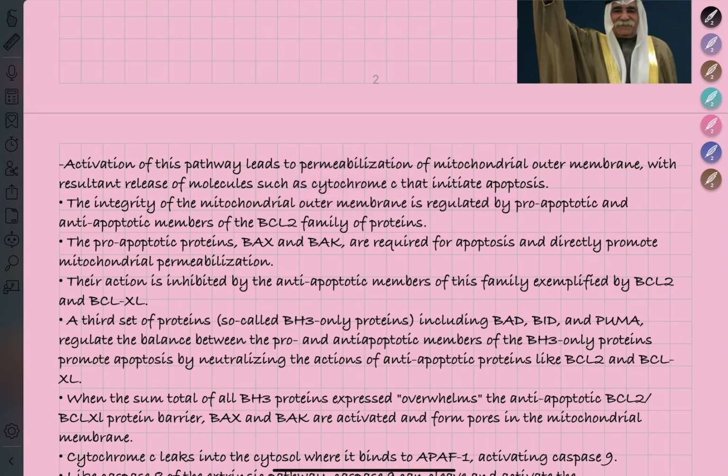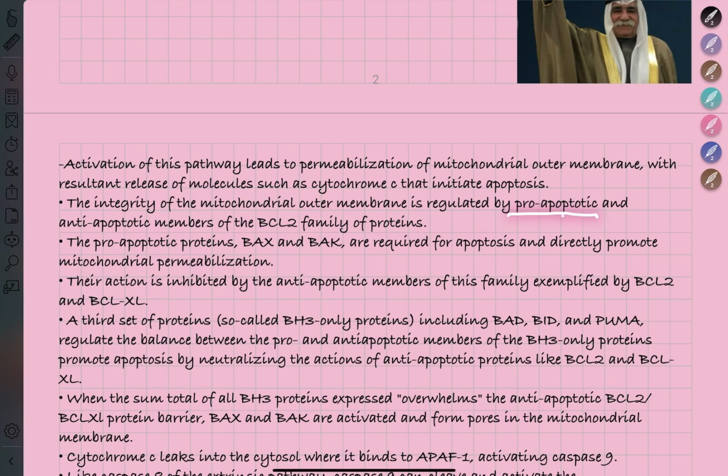Of course, we studied all that in cytology. The integrity of the mitochondrial outer membrane is regulated by pro-apoptotic and anti-apoptotic members of the BCL2 family of proteins. What is this nonsense? We need to understand, there are pro-apoptotic factors and anti-apoptotic factors.